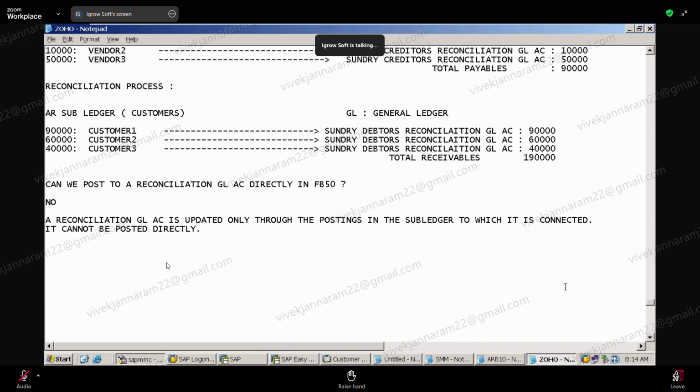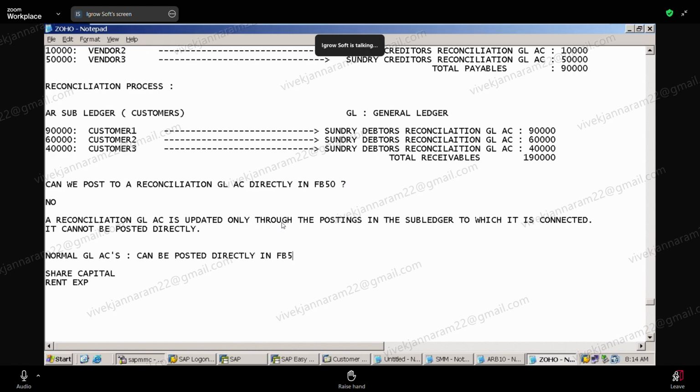See, these are normal GL accounts. We have already done normal GLs, like share capital, rent expense. Can we post directly? Yes, sir. Normal GLs can be posted directly in FB50.